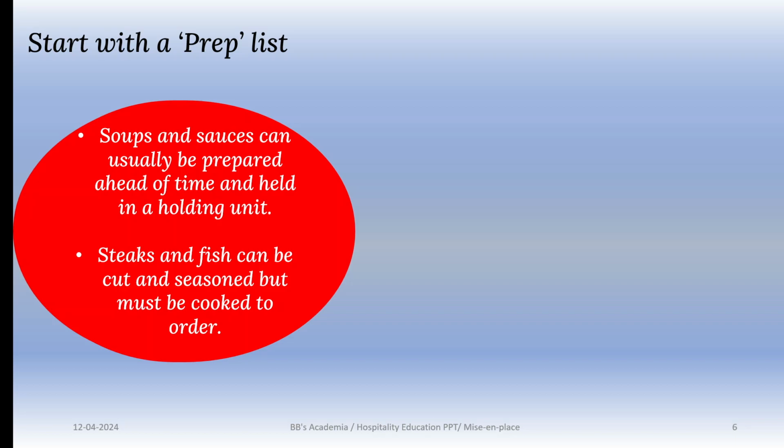You can do the crumbing beforehand: fabrication, marination, crumbing, that is breading, everything will be done beforehand. Then store it properly within your reach at the line station from where the order will be delivered. The moment the order comes, you just put it in the deep fat fryer from your store, deep fry it and serve it immediately. That is the way we can work.